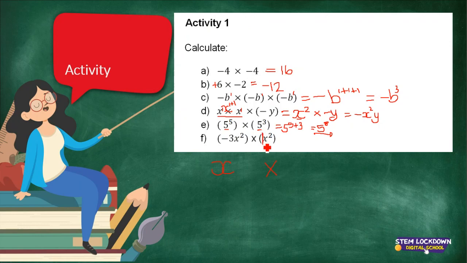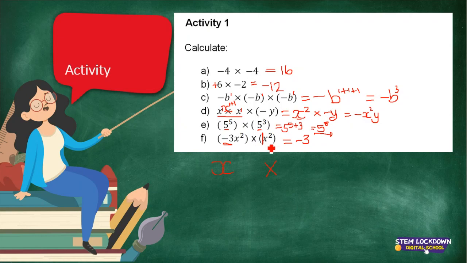We discussed this last time. So now let us first multiply numbers. We have a negative 3 multiplied by 1. Positive times negative, the answer is negative. 3 times 1, the answer is 3. So we're done with numbers.